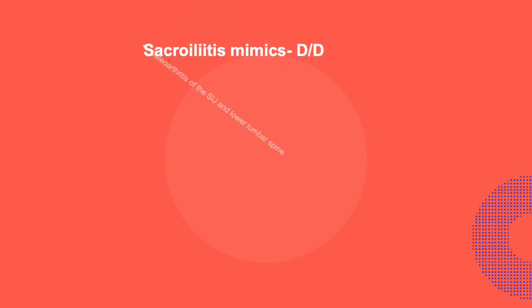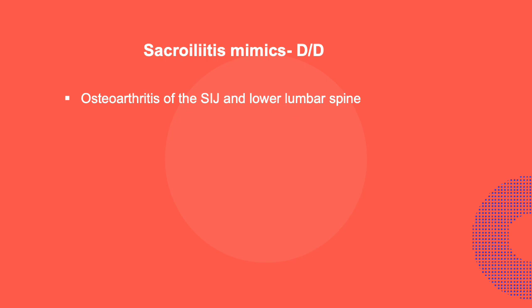Differential diagnosis of sacroiliitis on MRI include osteoarthritis of the SIJ and lower lumbar spine, often in the anterior-superior part of the sacroiliac joint, and infectious sacroiliitis in which the anatomic borders are not respected and involvement may be unilateral or bilateral.